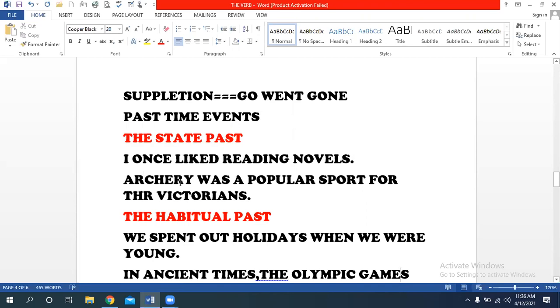Or, in the past, archery was a popular sport for the Victorians. Archery was a popular sport. So sometime in the past, it was the state for the Victorians.